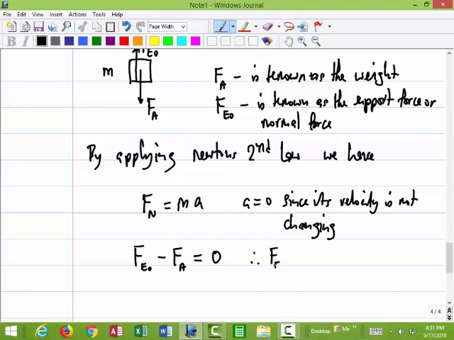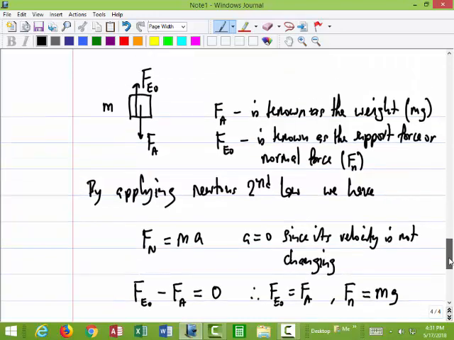Therefore, F_EO is equal to F subscript A, which we can interpret to mean that the support force or normal force is equal to the weight mg. So let me put mg here for weight, and normal force here, let's call it F subscript n. So the normal force is equal to the weight. This is typically what we know for an object sitting on the surface.